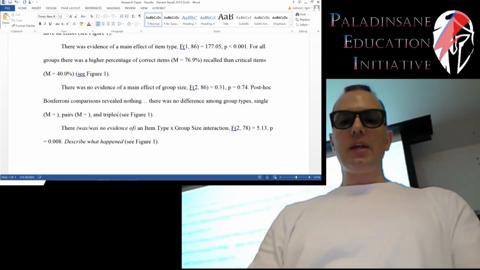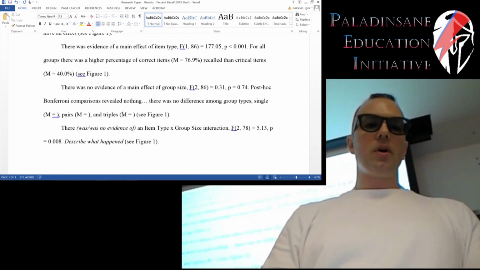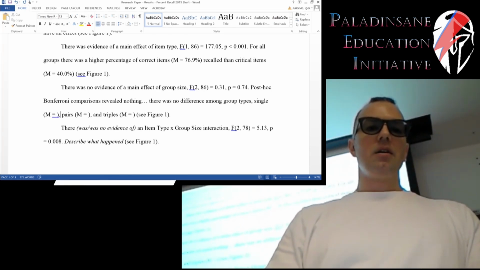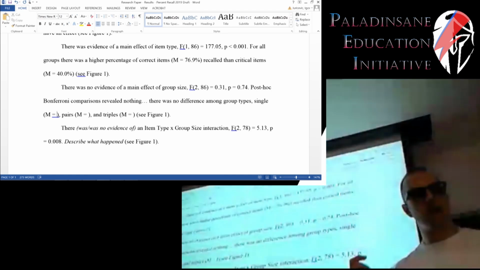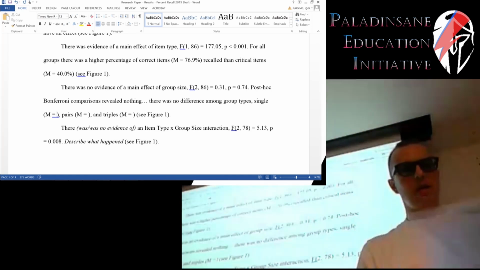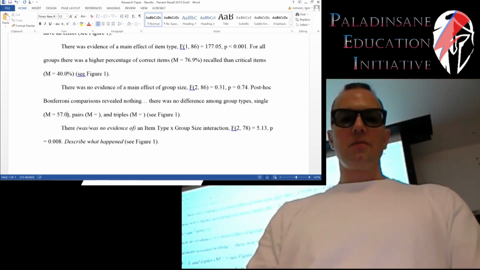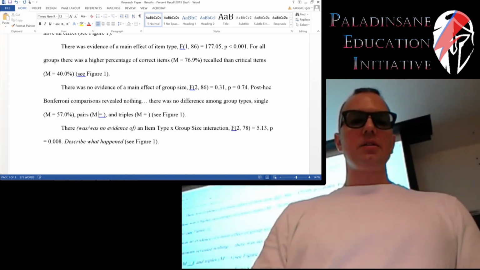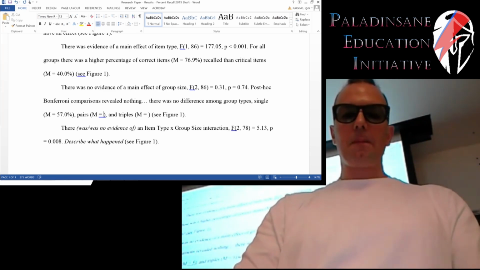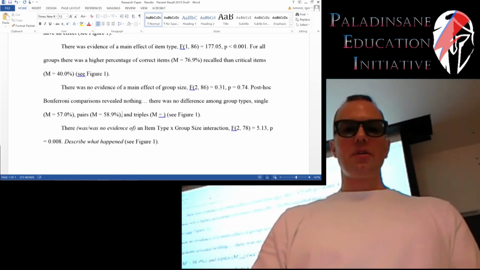So I will put that in here, and if somebody can just let me know what was the mean items recalled for the singles. All right, and for pairs. And lastly, for triples.